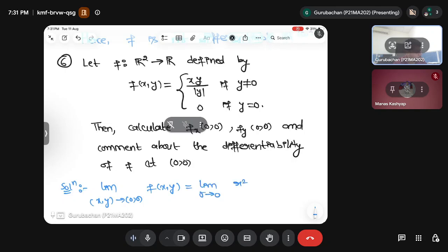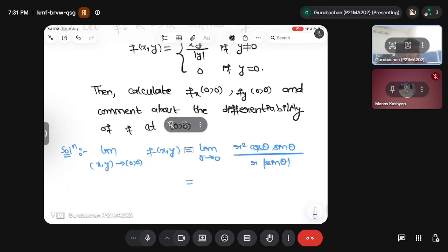This will be r square cos theta sin theta divided by r into mod of sin theta. On r there will be no mod, because you know that r is a distance or radius, so it is always positive.